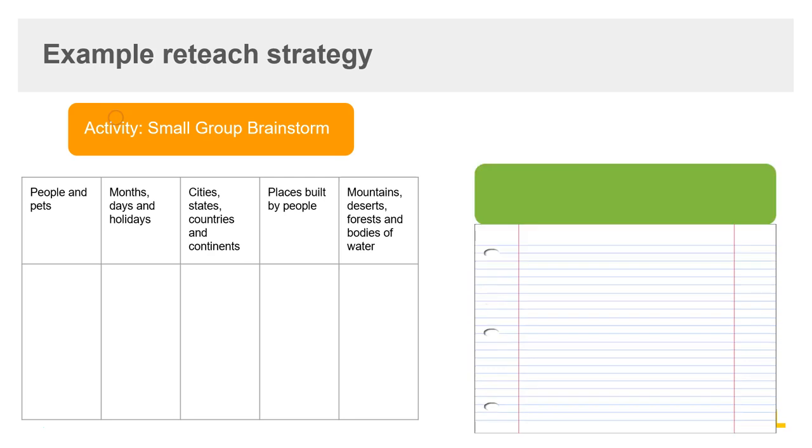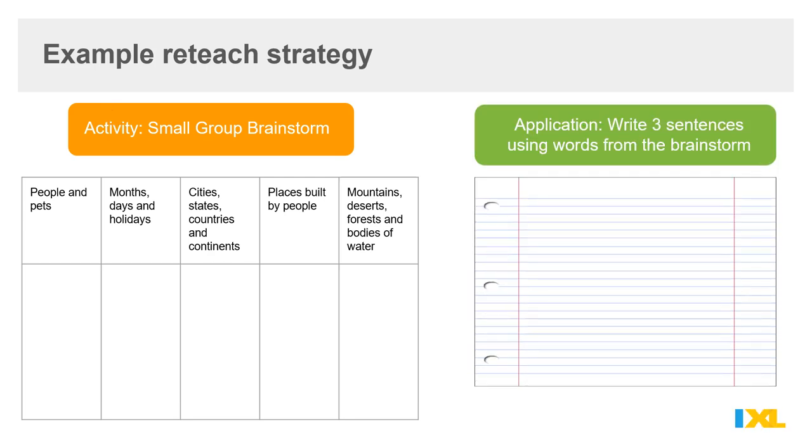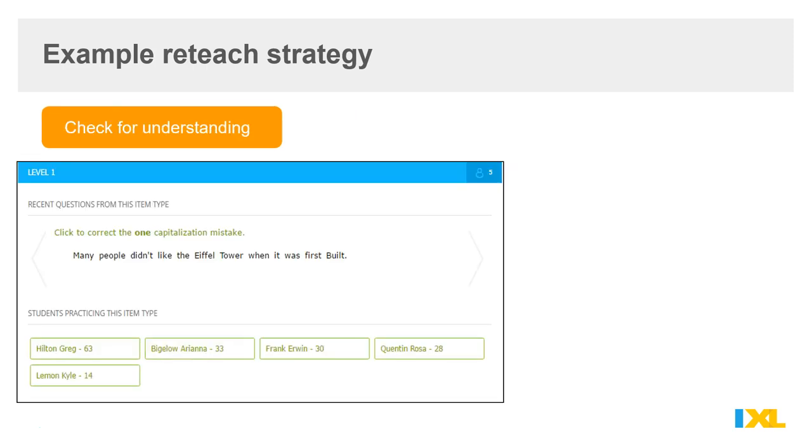After completing the brainstorm, now they need to apply. Challenge students to write 3 sentences using words from that brainstorm that they just did, being absolutely sure to show you that they can capitalize correctly.